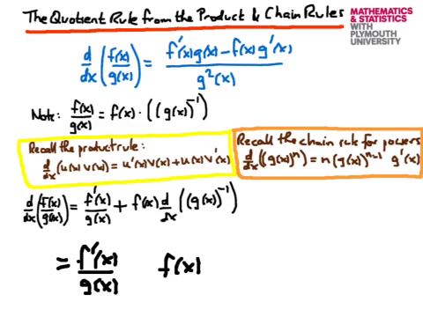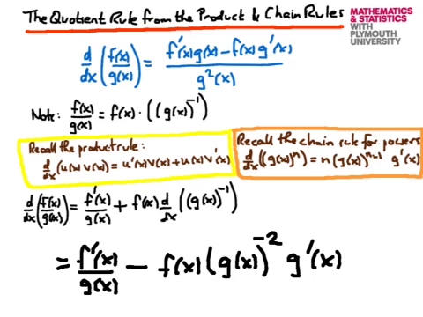So from the chain rule for powers, we bring the power down in front, so we bring down a factor of minus 1, and that will change the plus sign in front into a minus sign. We then have g of x raised to the power of minus 1 with 1 subtracted from it, so we get minus 2, multiplied by the derivative of the function g of x that was in the brackets. So this is multiplied by the derivative of our function g of x.